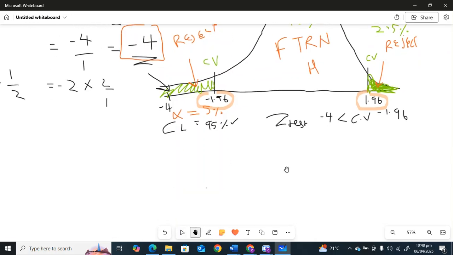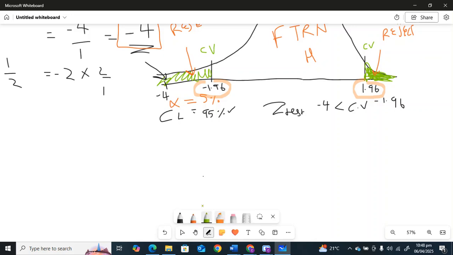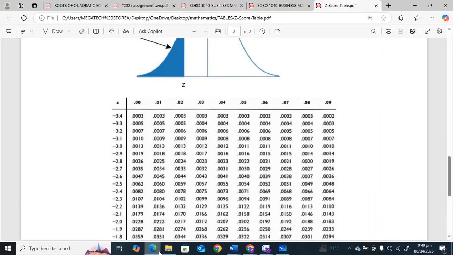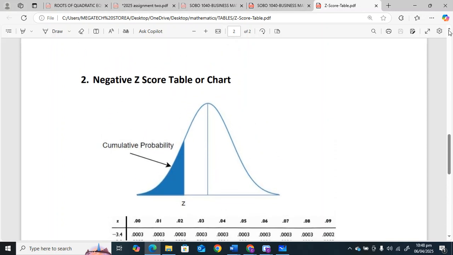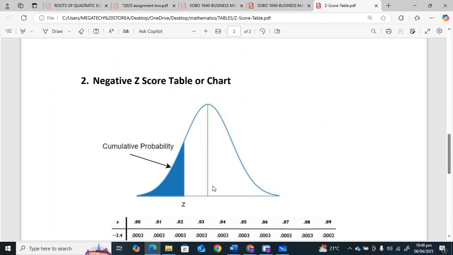We can look at this in two ways. If we look at this table for the area to the left, this negative z-score table here, this probability is representing 2.5% here.